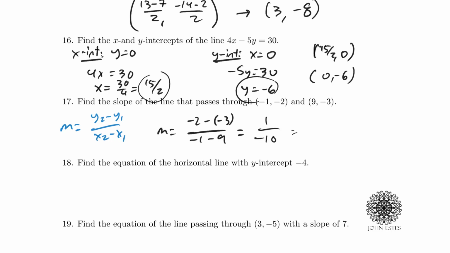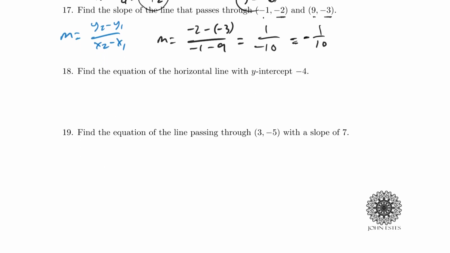And there's my slope. Sometimes you might write this as negative 1/10. Same deal though. Okay, and does it matter which one is your x1, y1, x2, y2? It does not, as long as you're consistent. So I said this minus the negative 3, which forced me then to say negative 1 minus 9. Otherwise, I'd have gotten positive 1/10, and that's not correct.